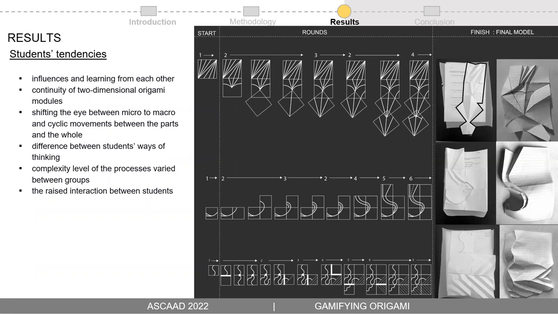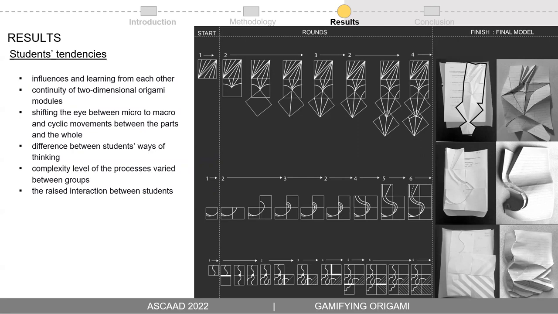Shifting the eye between micro to macro and cyclic movements between the parts and the whole has been read in the students' depiction of visual rules. Some students referenced the whole composition when they expressed the relations between design elements.